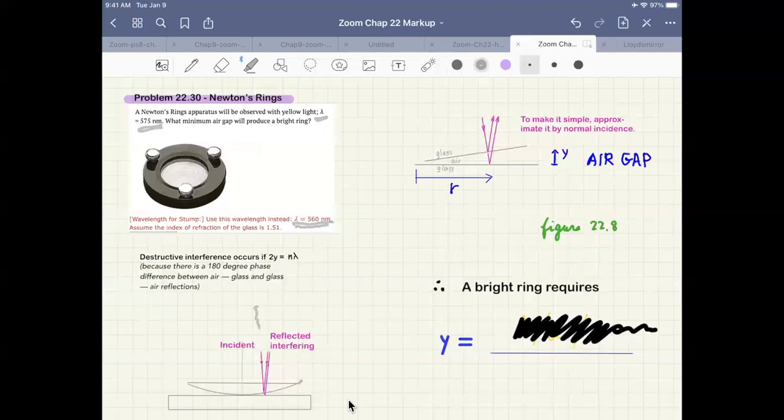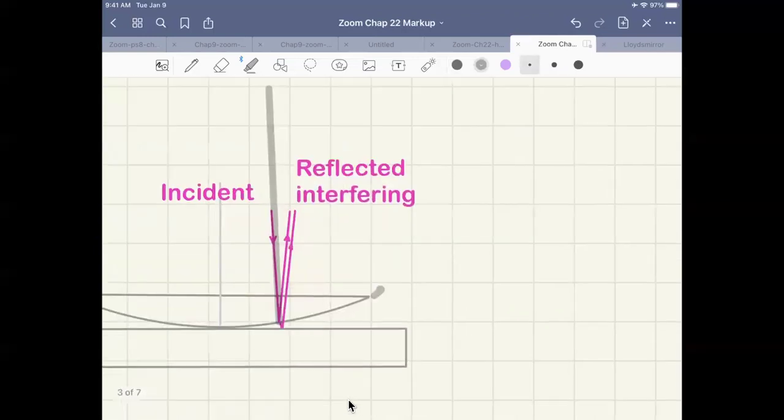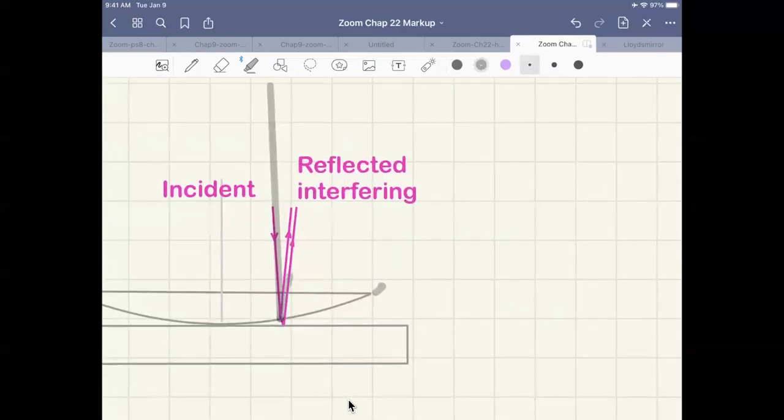Now, light coming in from above can reflect off the circular arc of this lens, or it can pass through the lens into the air and then reflect off of the top surface of the flat piece of glass. And so you have here two interfering waves that went different distances.